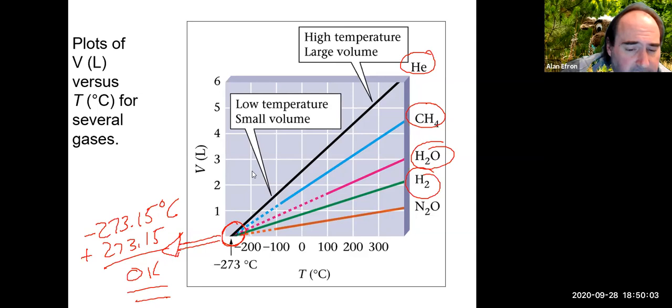So that's why pretty much in gas laws, when we have temperature, it does need to be in Kelvin for sure. So even if it gives you the temperature in Celsius and asks you to give the answer in Celsius, you need to convert it to Kelvin, do the problem, and then convert it out of Kelvin. But we do see what we talked about here. At high temperatures, we have large volumes, low temperatures, small volumes.